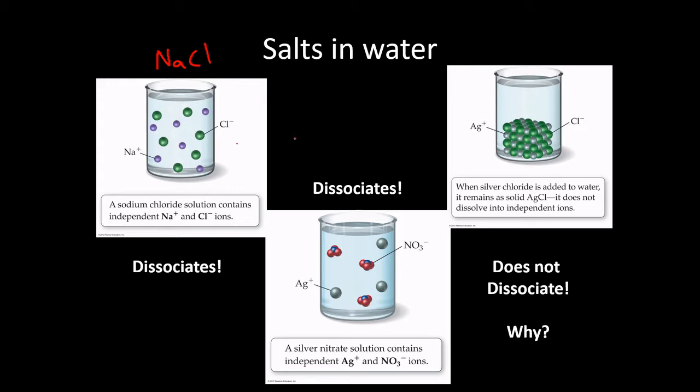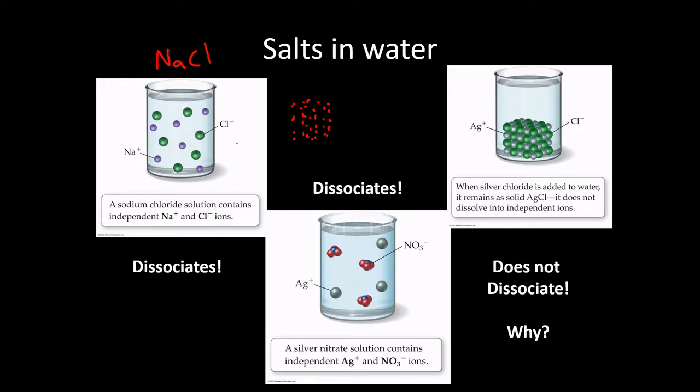So you don't have a big lattice of one atom on top of another, which is what you would normally see inside of a solid crystal lattice like that. Instead, these are just broken apart, and you just have individual ions floating around in solution. So sodium chloride dissociates in solution.